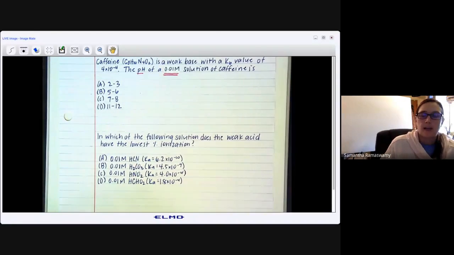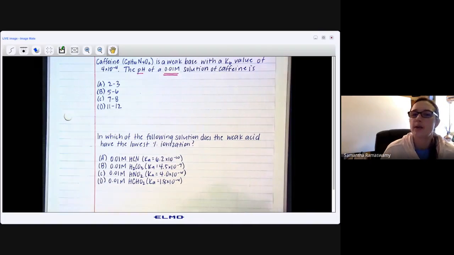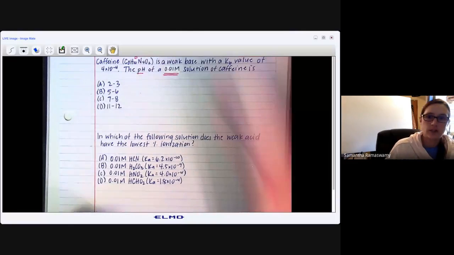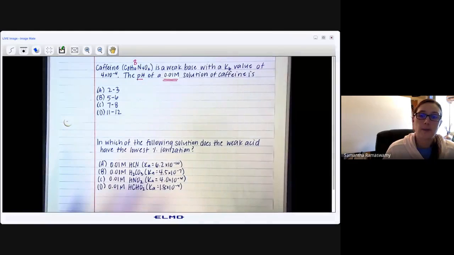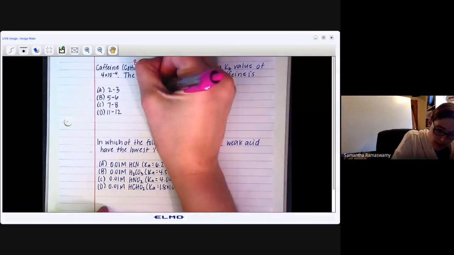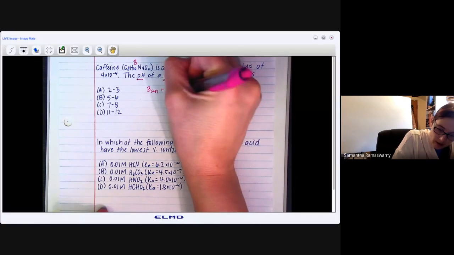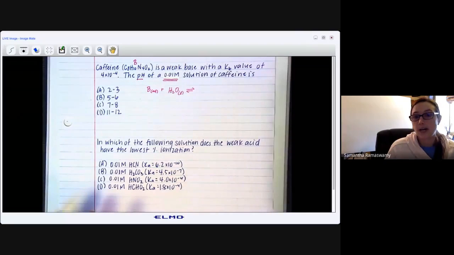A simplified way of writing a reaction, because a lot of people will look at this and wonder how they're supposed to know what caffeine turns into: I'm just going to label it B for base. I'm going to look at how this base interacts with water and what it produces, because before I can do math, I need an equation.